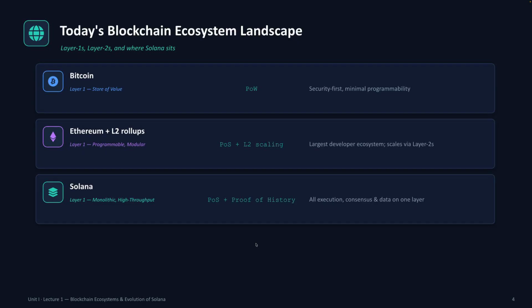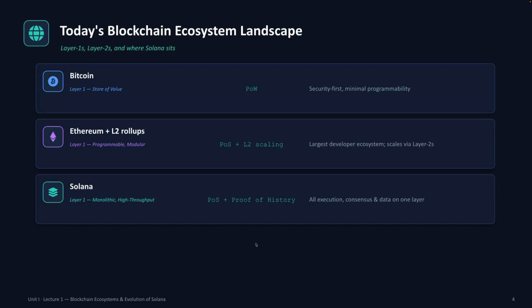In case of Ethereum, each of these layers are executed differently. Ethereum as of now uses the proof of stake consensus algorithm. Plus, in order to scale Ethereum, there are multiple layer 2 blockchains such as Arbitrum, Base, Polygon, etc.